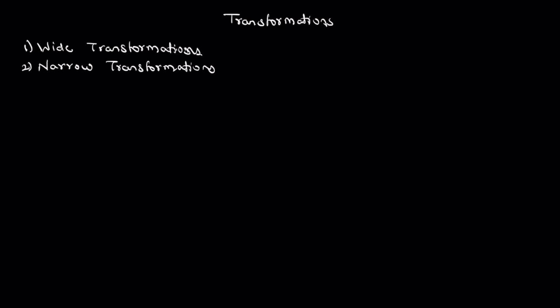So, what exactly is a wide transformation? In our previous video, we have seen what a cluster is and how executors are distributed among our cluster nodes. So, let's say we are processing 1 GB of data, and this 1 GB of data is scattered across different worker nodes.